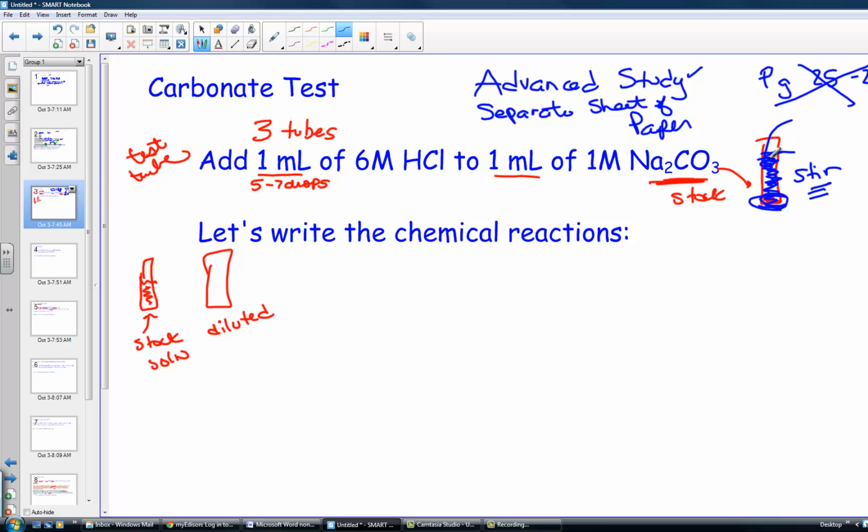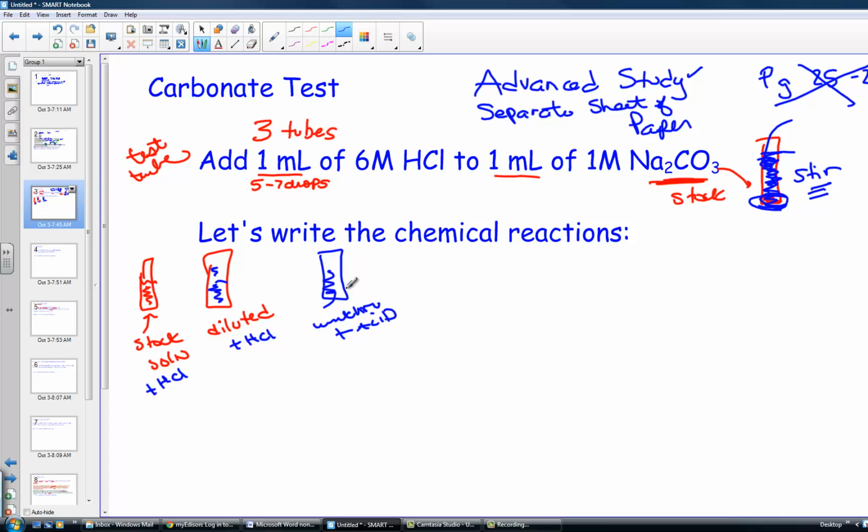From this new little solution here, that's what I'm going to put a little bit of diluted sodium carbonate in and add the 6 molar HCl to that. So stock solution plus acid, diluted solution plus acid, and then in the third test tube you have your unknown plus acid.